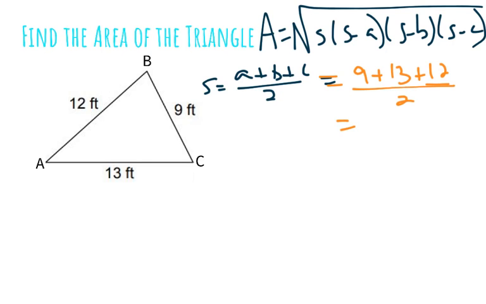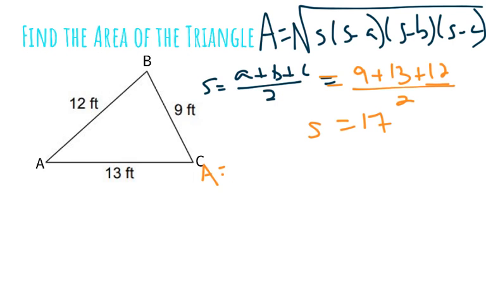We can simplify that down and find that s equals 34 over 2, which is going to give us 17. So now when it comes to our formula, we know what s is, our 17, and we know our a, b, and c because those are the three sides of our triangle. We have everything we need to plug into the formula and simplify.